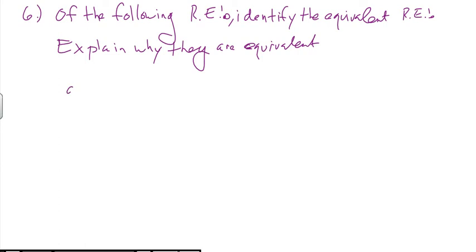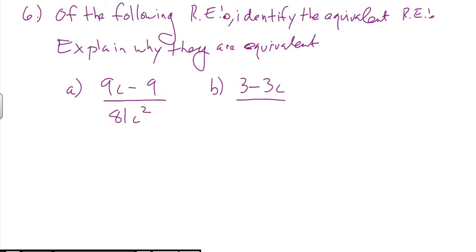Okay, here they are. A, 9c minus 9. B, 3 minus 3c over 243c squared.